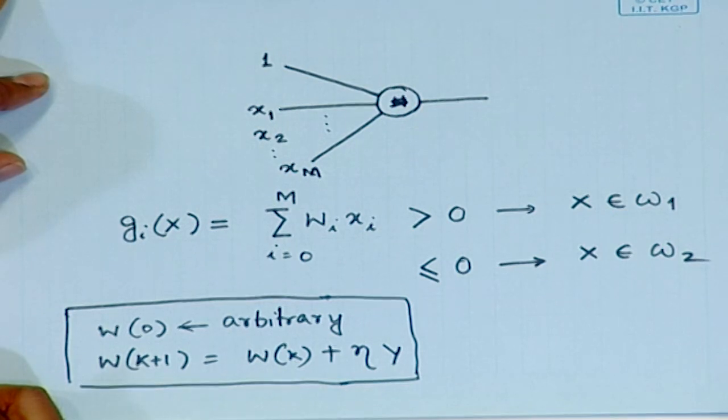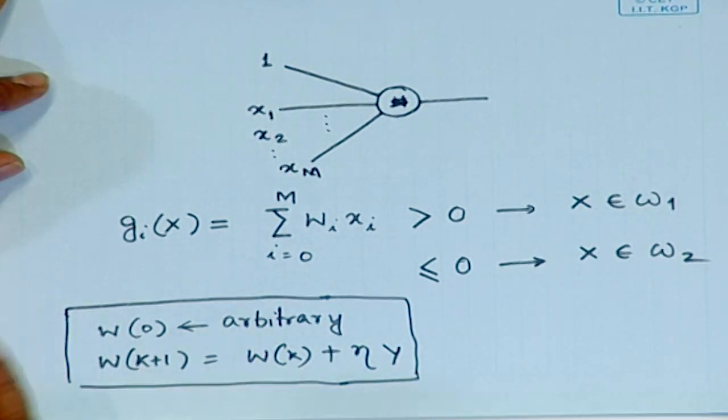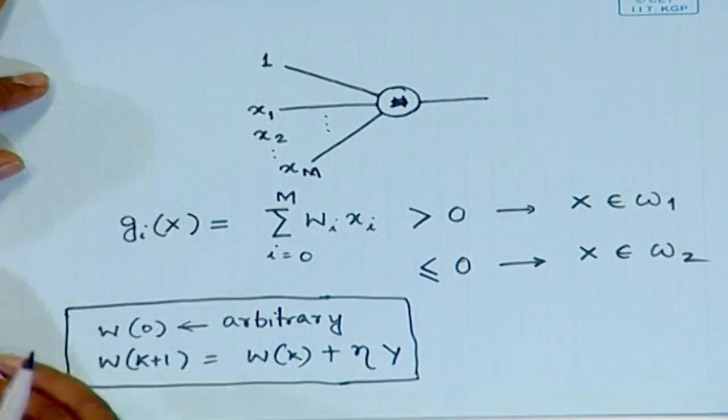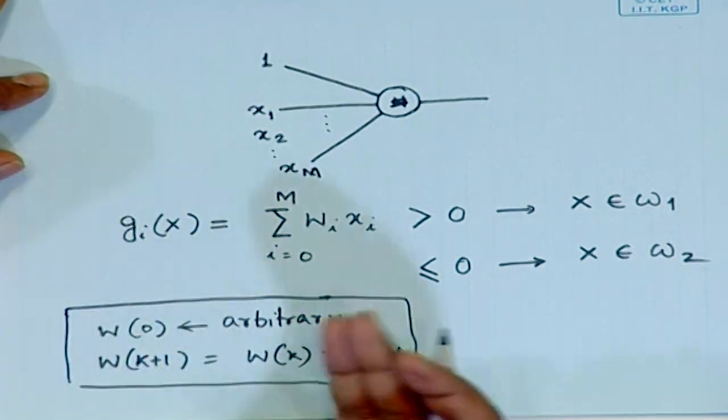Now, similarly, in this case also we have to have some weight updation rule which will update the weights of the input links. And this weight updation has to be done using the training samples which are provided. So, we have to make use of all the training samples and keep on updating the weights until we get the correct output.